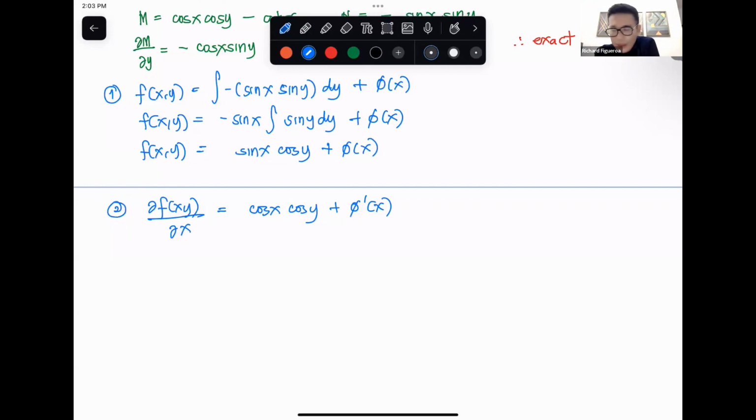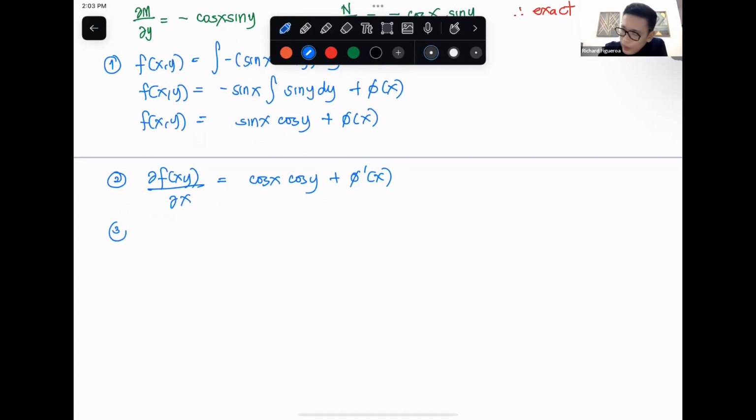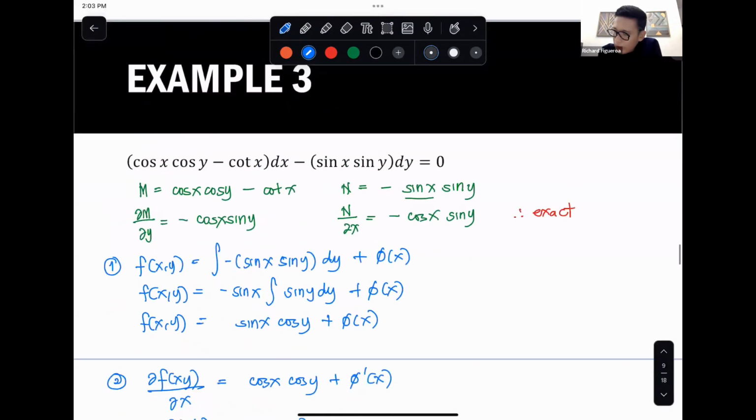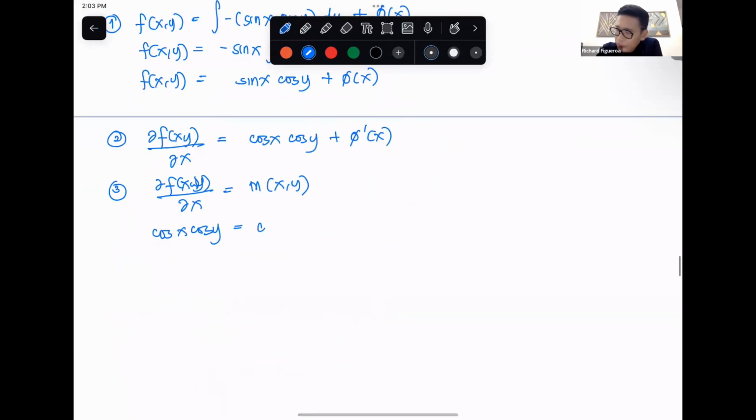Derivative of sine x is cosine x, and then we just multiply cosine y because that is a constant. And then the third one, we equate the partial derivative of x and y, this time with m of xy. So this is cosine x, cosine y. Ang m function natin is ito, cosine x, cosine y.